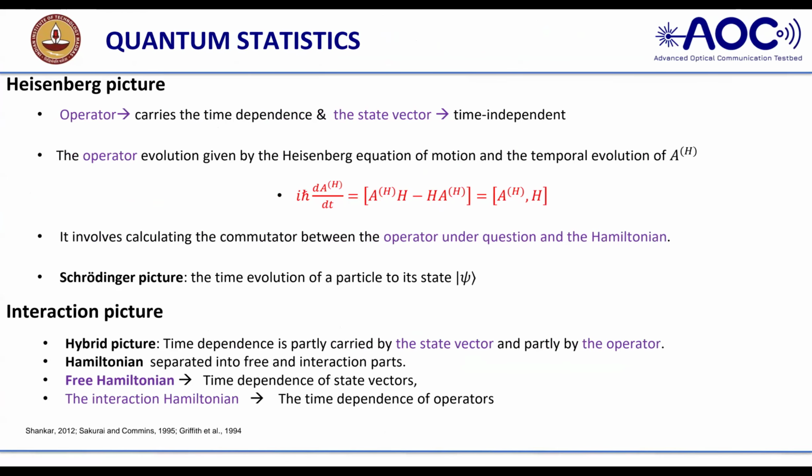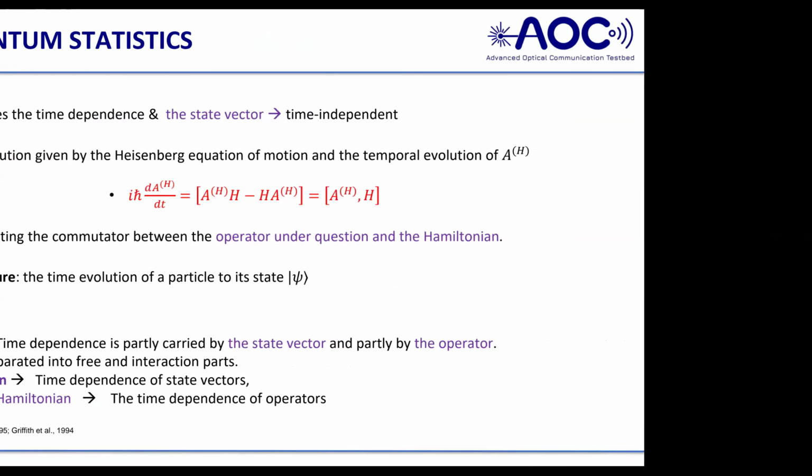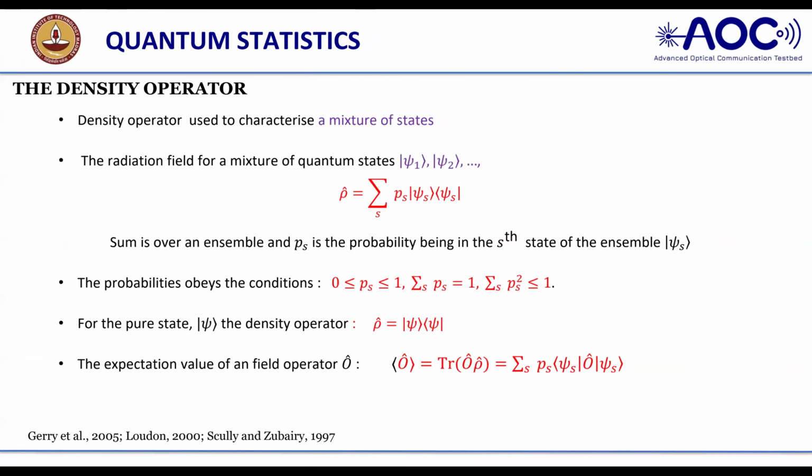Actually, in the interaction Hamiltonian, we can see that it has the free part H naught and H of t, right? H of t is nothing but the time dependent part of the Hamiltonian. You can go through the details, but when we solve our problem, whatever analysis we do will fall into one of these three pictures.